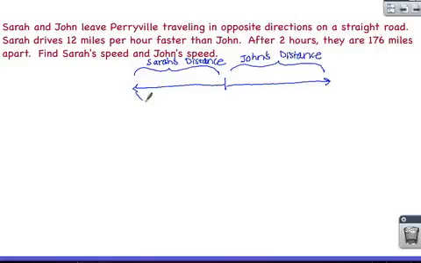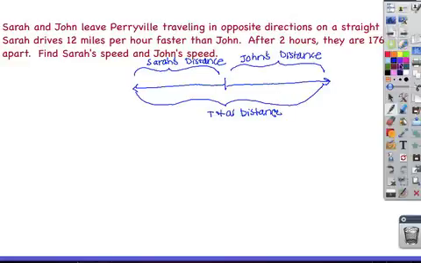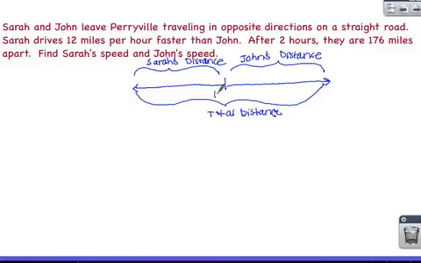We do know that they travel for 2 hours and end up a total distance apart, which is the sum of their individual distances. And we are told that this is 176 miles. What we don't know is the rates.